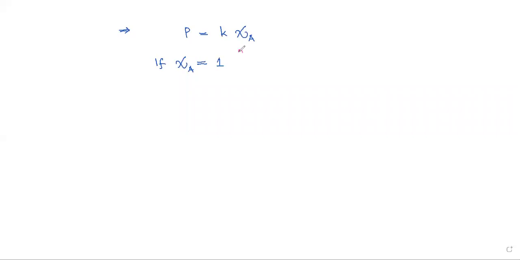We know that in case of a binary solution, the sum of the mole fractions of the solute and solvent is equal to 1. Now, when the mole fraction of solvent is 1, that of solute is going to be 0, right? Okay, keep it aside. But see, when the mole fraction of solvent is 1, from this we can write P is equal to K, isn't it?